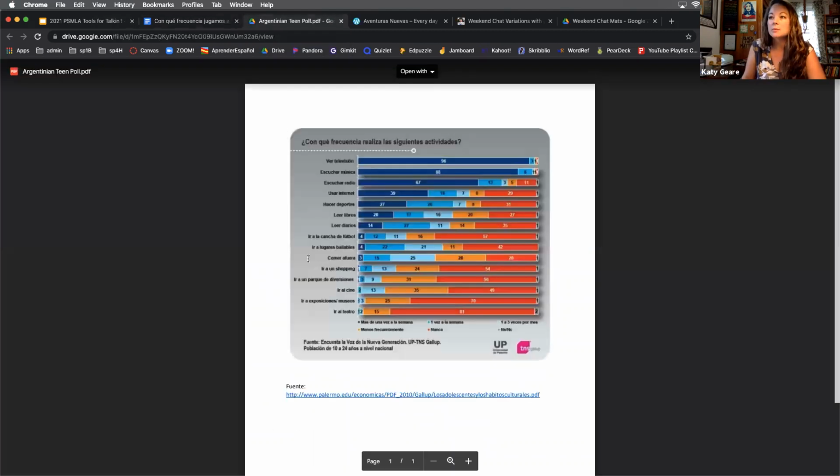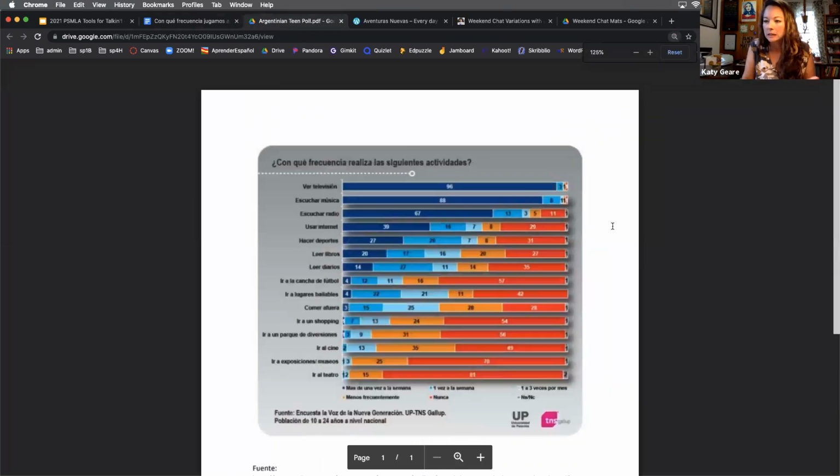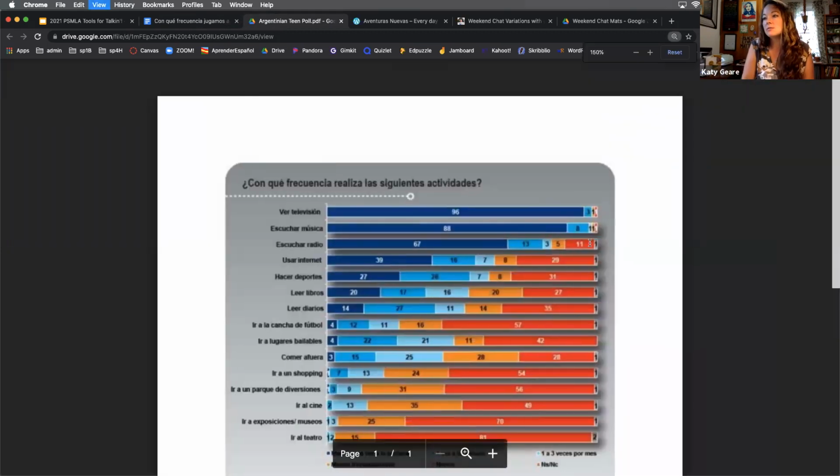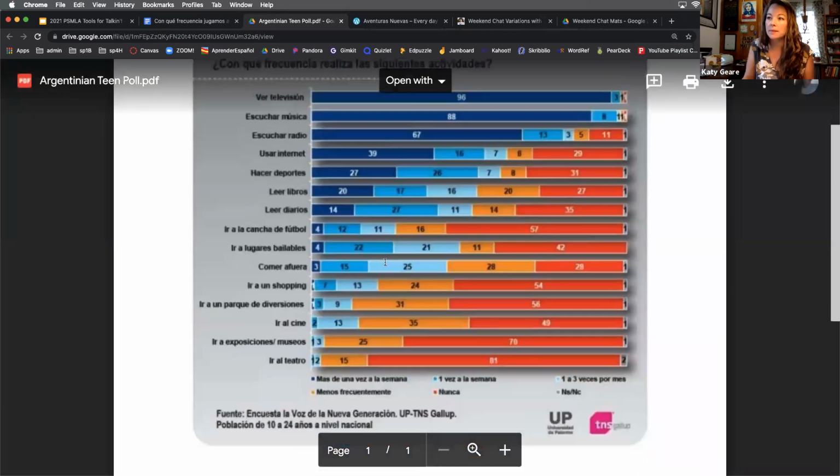It's a poll of Argentinian people from 10 to 24 years old. And so we look at how often they do these things, and they interpret it.